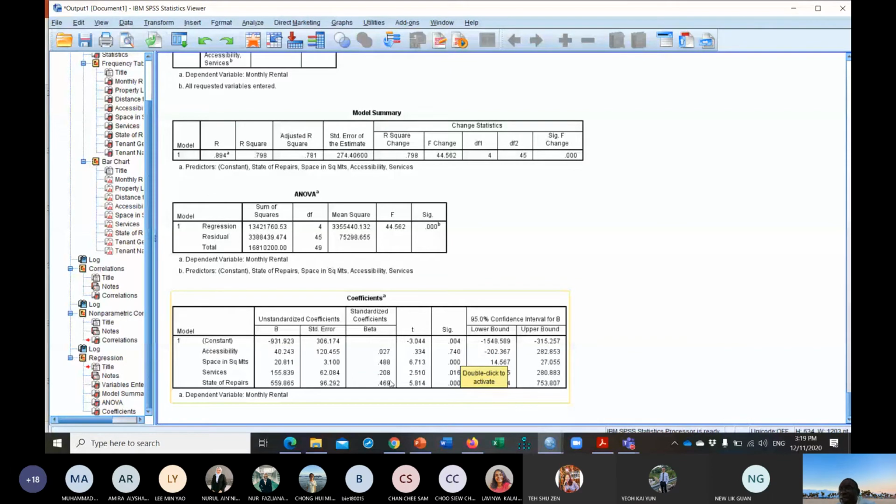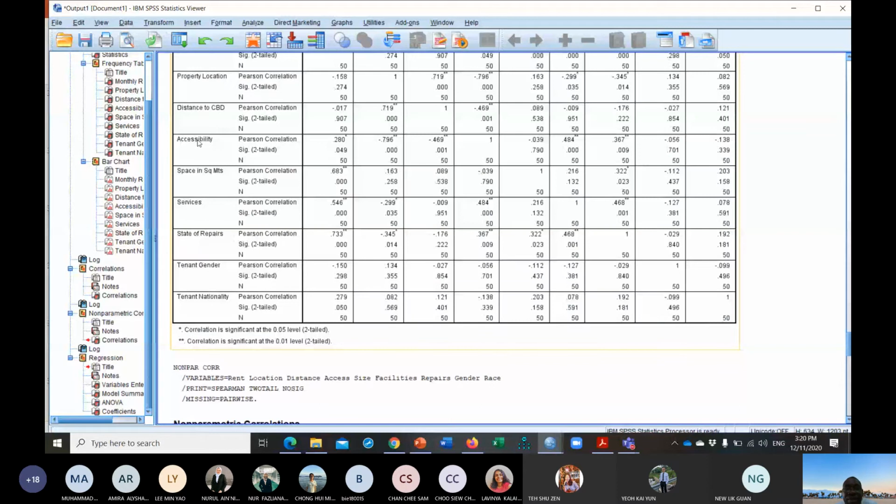When we look at the correlation table, can you see accessibility here with 0.049? This is a very slight significance. It's just minimum, because supposing this were 0.05, it would not be significant.